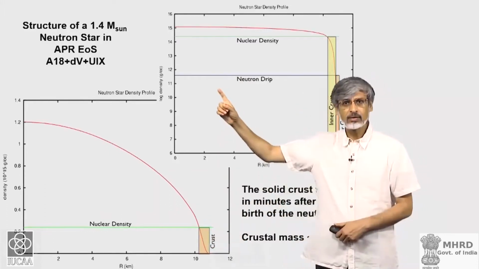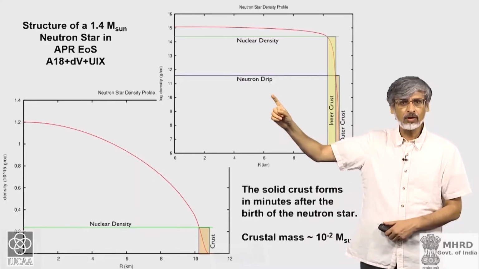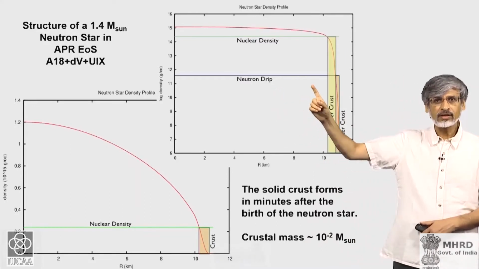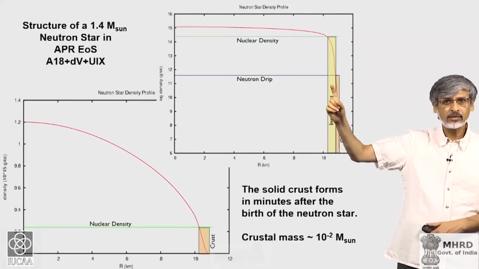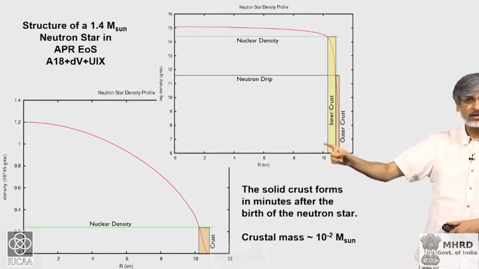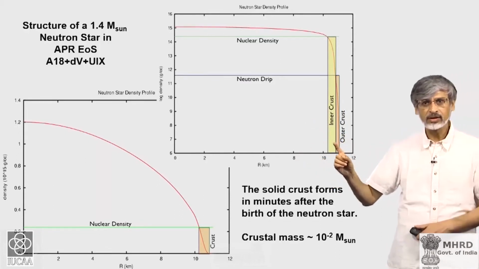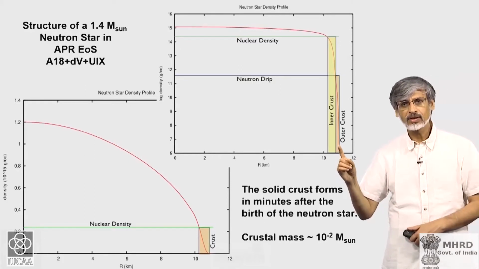thick. Now, if you plot this in logarithmic scale, then one can expand the density region in the crust a little bit better, and one can see that there is the outer part, which is shown here in slightly reddish tinge.